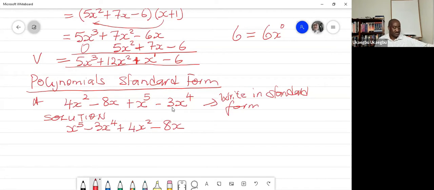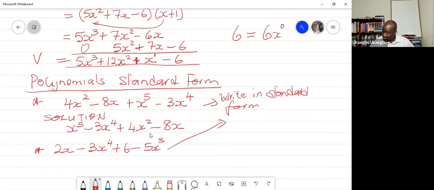Okay. Now everybody write this one. The one I'm going to write now, write this one in standard form. Everybody, write it in your paper. 2x minus 3x raised to power 4 plus 6 minus 5x raised to power 3. Write it in your paper. The question is, write in standard form.